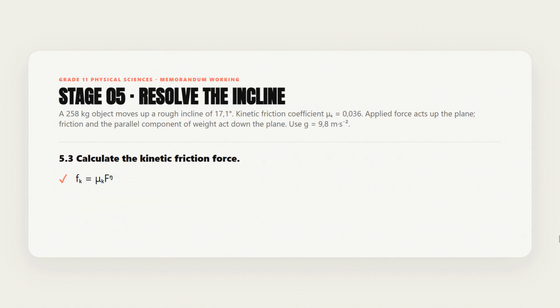Question 5.3. Calculate the kinetic friction. Kinetic friction is the coefficient times the normal force, mu k times Fn. Take 0.036 times 2416.6, which gives 87 newtons.